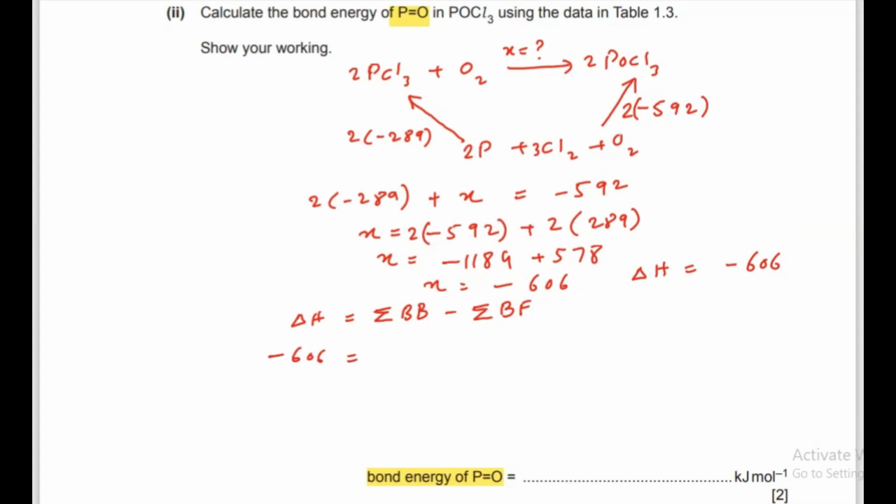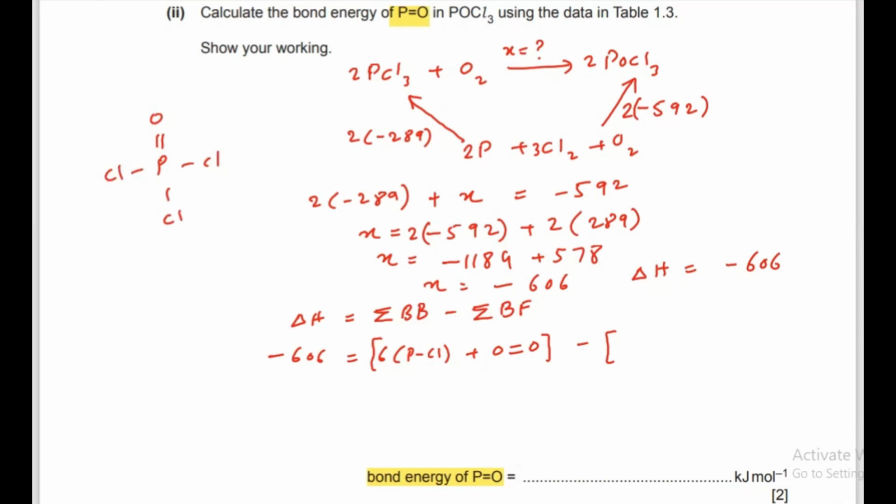So these are the bonds. PCl3 has 3 PCl single bonds. So 3 times 2, 6. It means we have 6 PCl bonds. Then we have O double bond O. This is the energy which is required to break bonds, minus the structure of POCl3 that is already done.